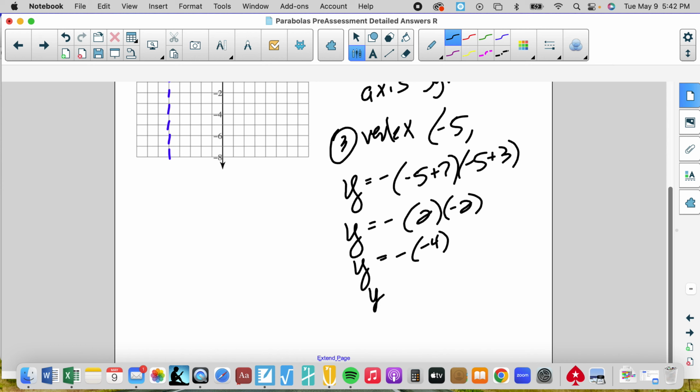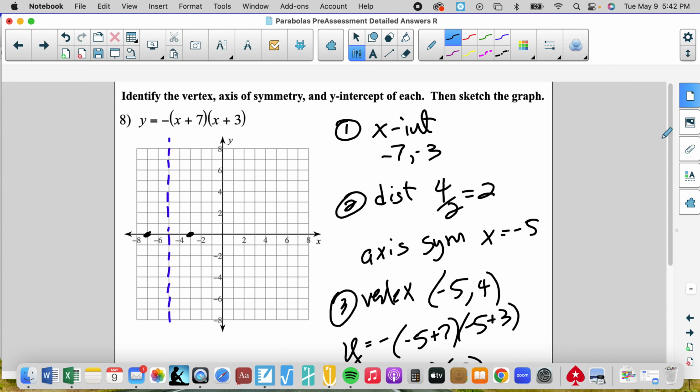And then the opposite of -4 is 4. So when I plugged in -5, I got +4. This is my vertex, which is going to be -5, 4, which is going to be a max. -5, 4, a max point.